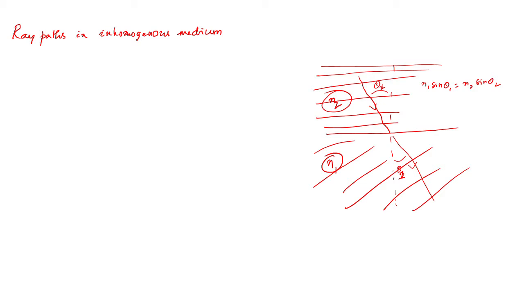Then light would bend according to how the refractive index is changing, and that's what we are going to look at. One very well observed phenomenon of observing things in an inhomogeneous medium is the mirage. You must have seen a mirage on a hot day somewhere, right? It may appear as if there is water on the road.